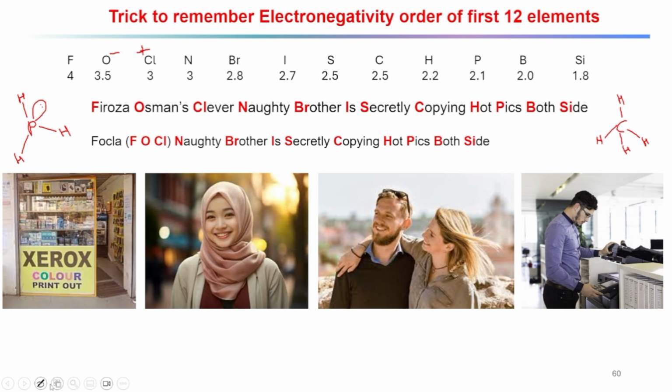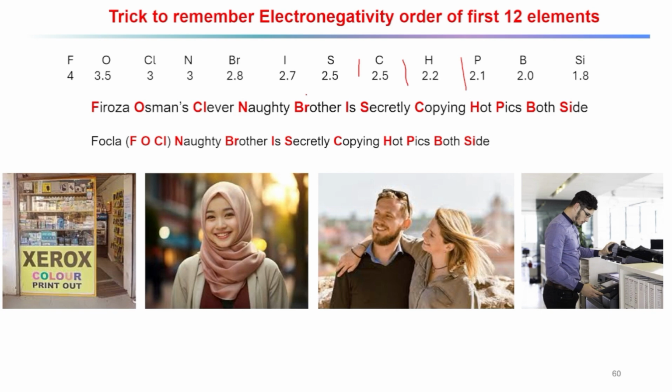So for that reason, it will be handy to remember the electronegativity order of the first 12 elements. And I always remember these first 12 elements. There might be some more metals in between in these places, but those metals you may not need to know, but these 12 elements we need to remember.